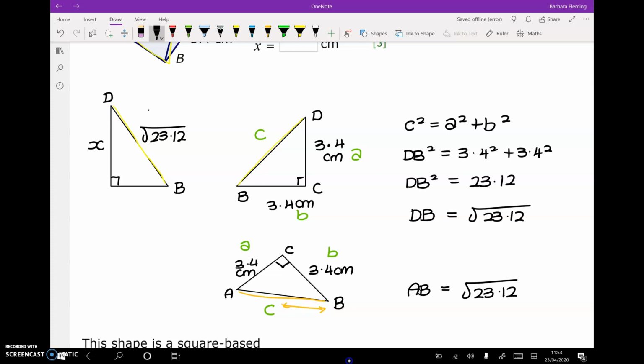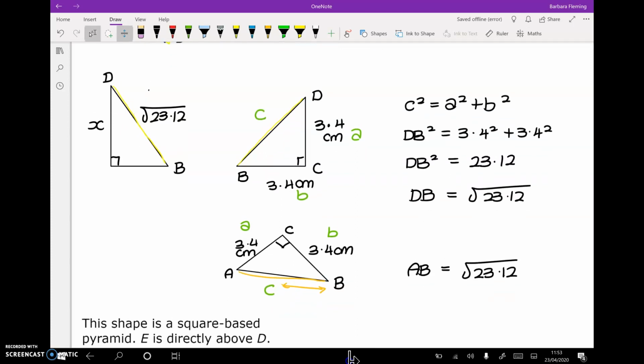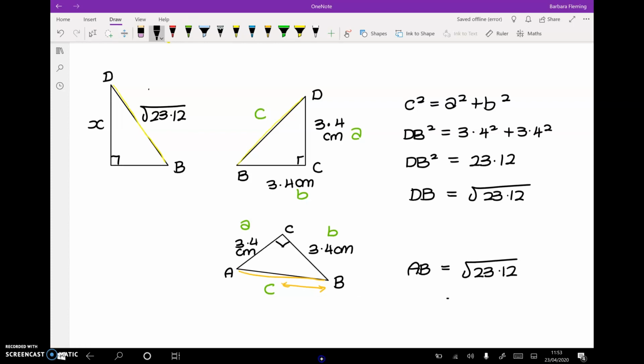But we only want half of that. So this time, we could literally just write, let's call that wee one y. So we'll go with that little bottom one, y is going to be half the square root of 23.12. And it keeps all your numbers exact. And you can fill that in here, because there's your bottom bit. Half square root 23.12.